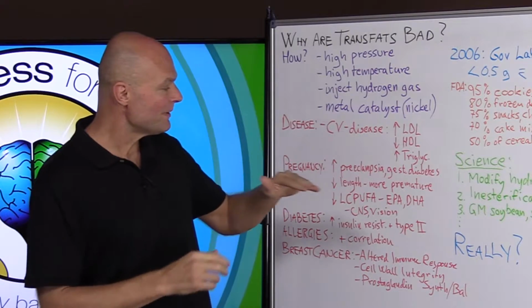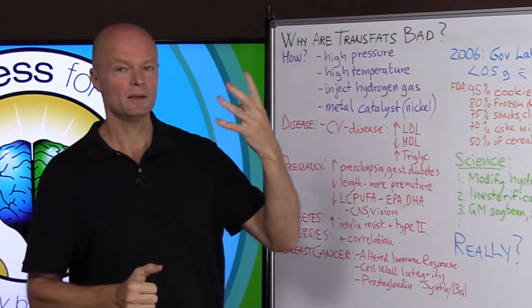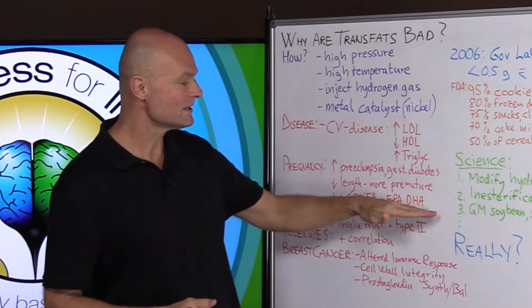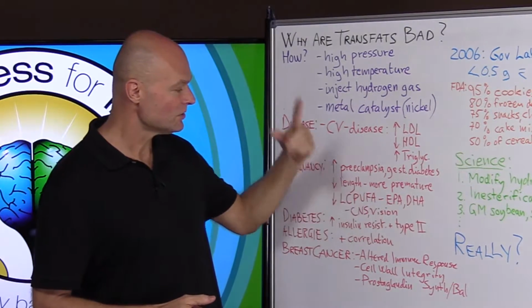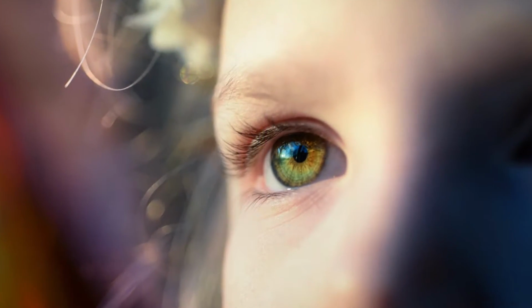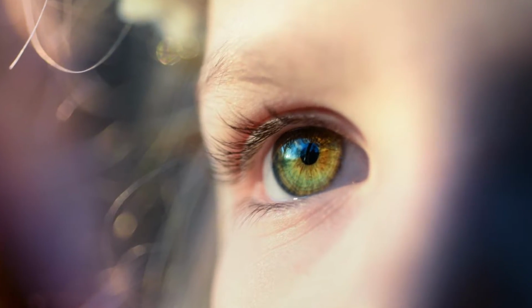So if the baby is developing and the nervous system is growing at an incredible rate, it has to have a lot of this DHA, and trans fats compete with it, interfering with the proper formation of the central nervous system and the retina for vision.